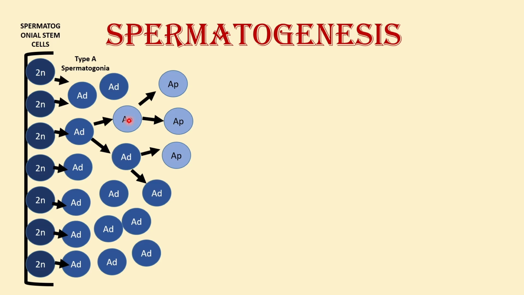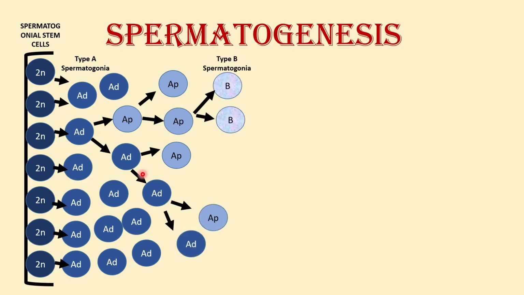They have a less dense nucleus, whereas type A dark cells have a darker, more dense nucleus. AD cells and AP cells divide mitotically and renew themselves, and from AP cells, type A pale cells, type B spermatogonial cells are formed.